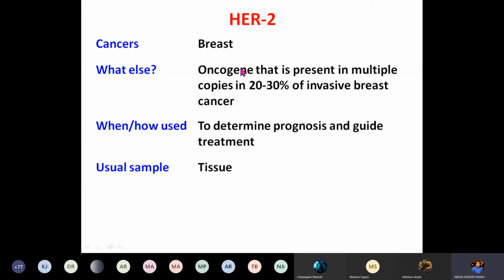Okay, so an oncogene, as I told in the last class, is the gene which is responsible for the development of cancer. Since it is a receptor, you use tissue as the sample, and this is for the diagnosis, prognosis, and guiding the treatment of breast cancers.